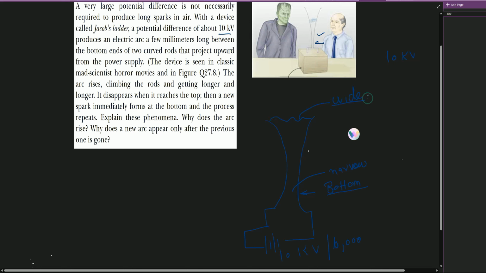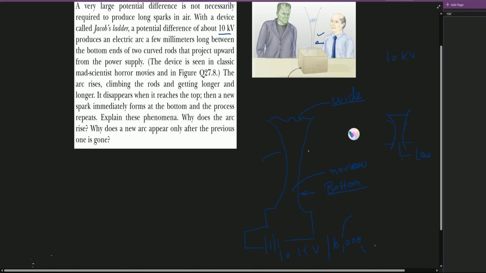Now the question is, once you apply the voltage, what is seen is that there is an arc, and both rods are curved. The gap between them is low here, and the space upwards is high.